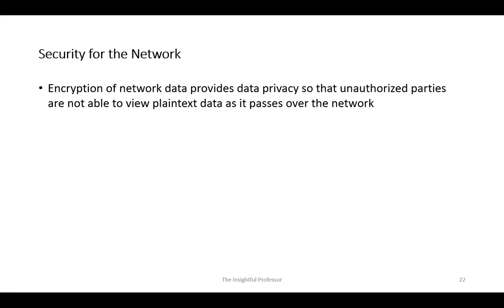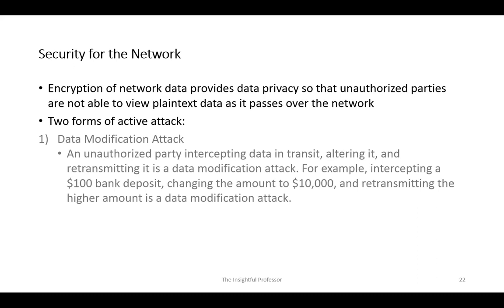Rather than sending plain text, we would use encryption and send what would be called ciphertext, kind of disguising the content. The importance of security for the network is the result of various types of attacks. Here are two types of attacks that we want to bring to your attention.